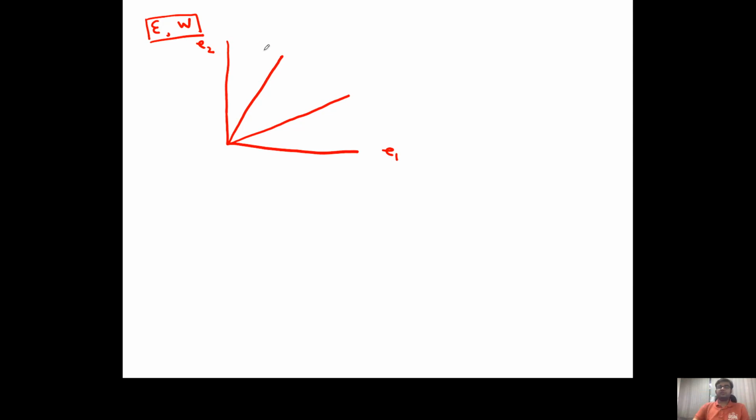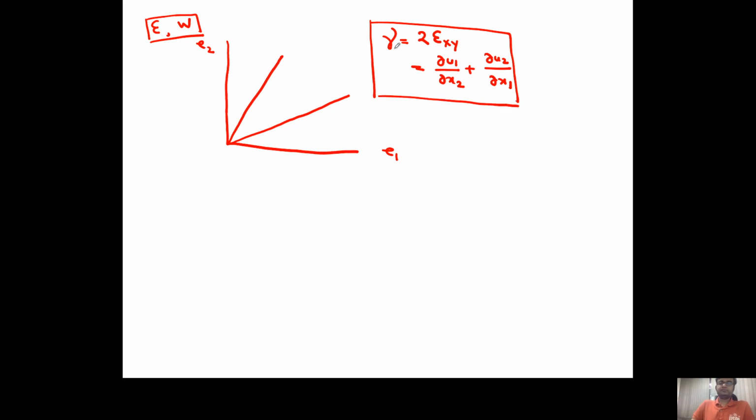So what is gamma for this one? Gamma is 2 times epsilon xy. So that will give you del u1 del x2 plus del u2 del x1. This is what gamma, or gamma xy, is, right? And then what is epsilon xy then?